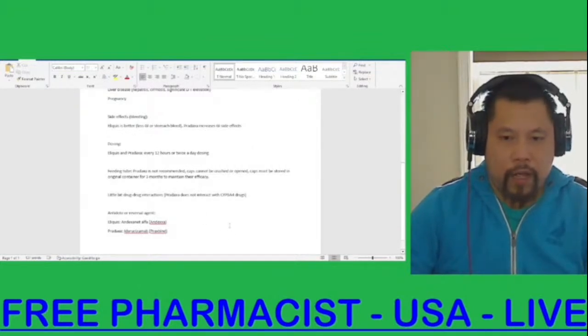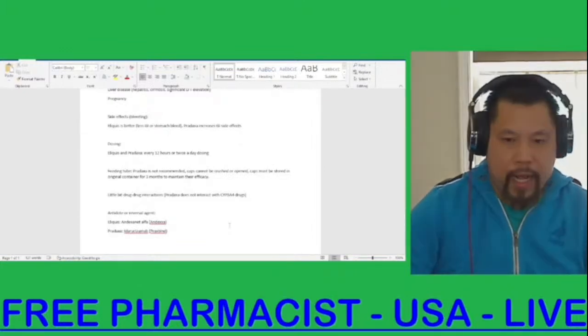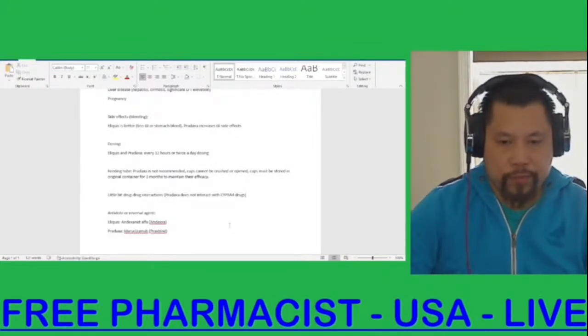So if we open the container, then we should use this medication within 3 months.